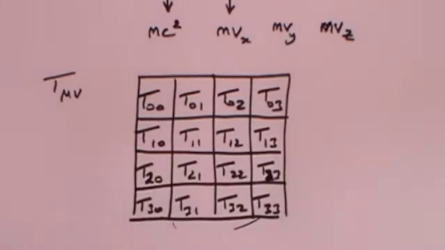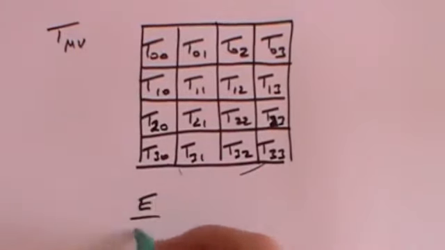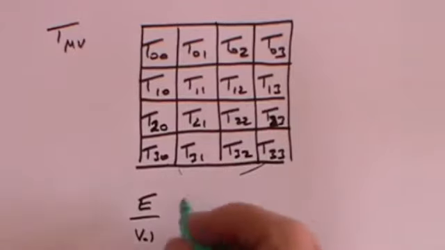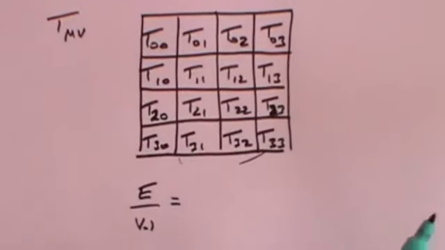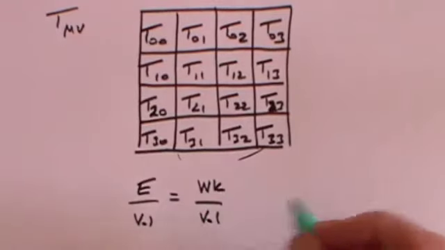In other words, we are embodying every part of energy that we can think of, whether it be pure energy, rest mass energy, momentum, or stress. All of it somehow finds a place in this stress-energy-momentum tensor. It is, if you like, a measure of energy per unit volume. Now, energy has the same units as work, so we can think of this as work per unit volume.